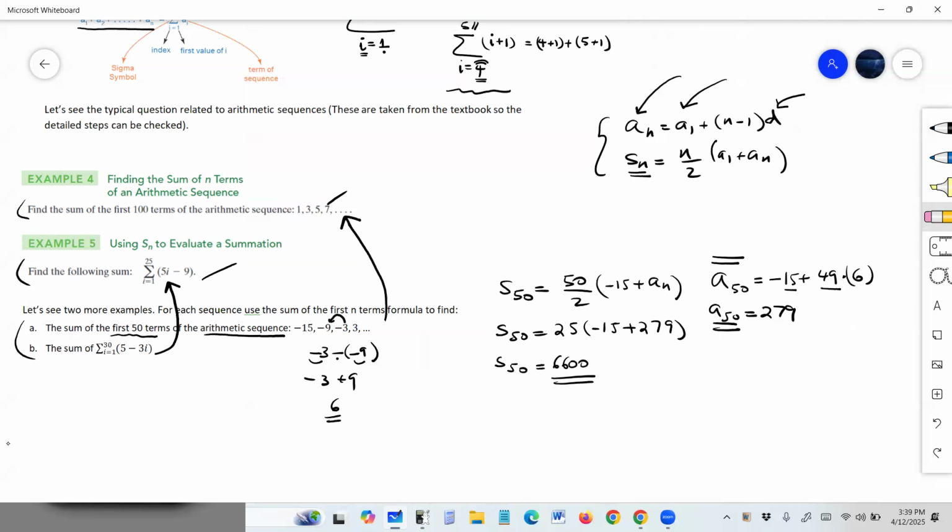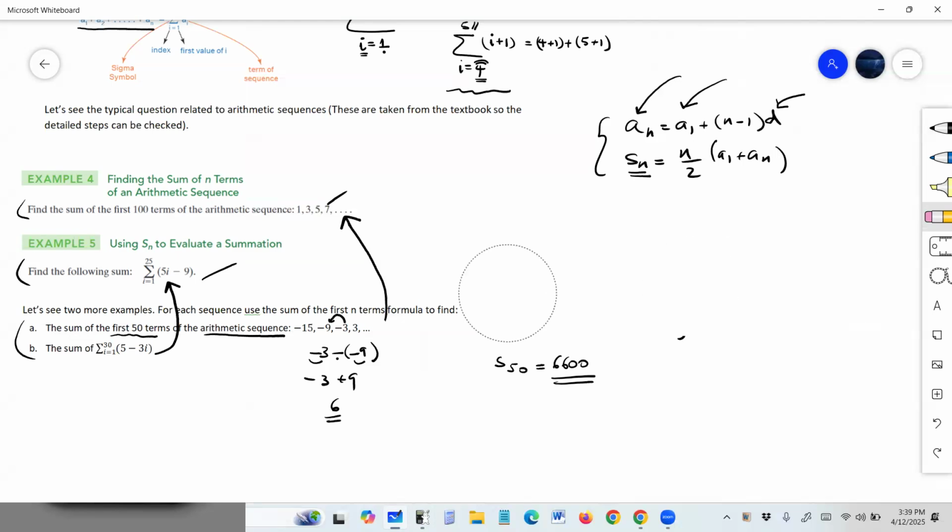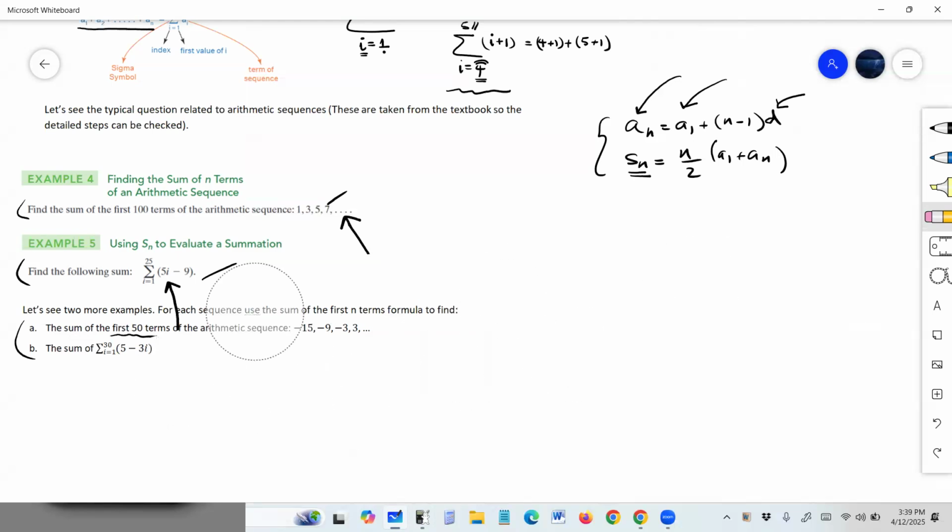All right, and the last case given to us in summation notation. Obviously, if you need to stop the video, obviously stop the video. I'm going into space so that the video doesn't last too long. So very short question, find the sum of, and it's given to you in summation notation.